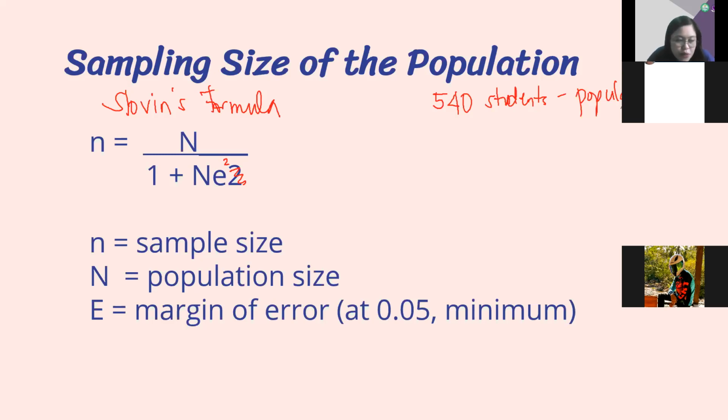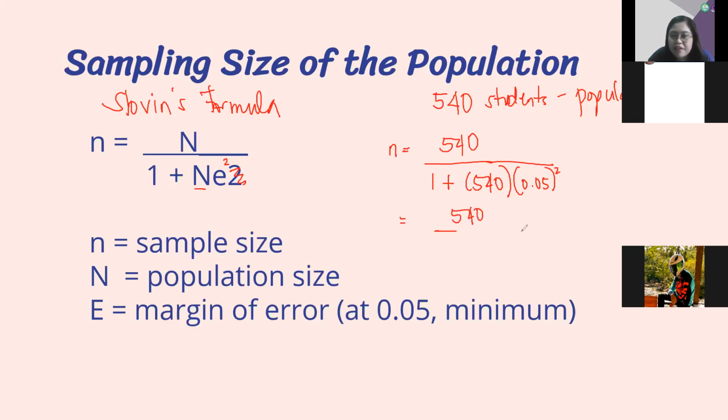Now, since we will just do sampling, so we will be computing for the sample size. So we will have n is equal to capital letter N, which is 540, divided by 1 plus N here, which is still 540. And then E, remember, is the room for error. And we are just allowing 5%. So that is 0.05. And then E squared natin siya.